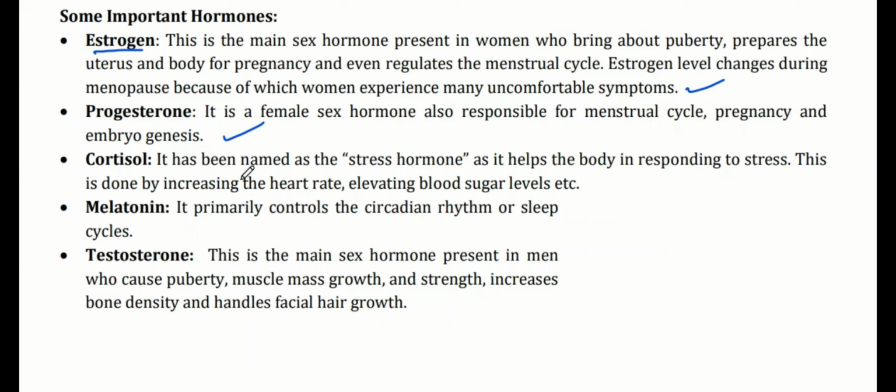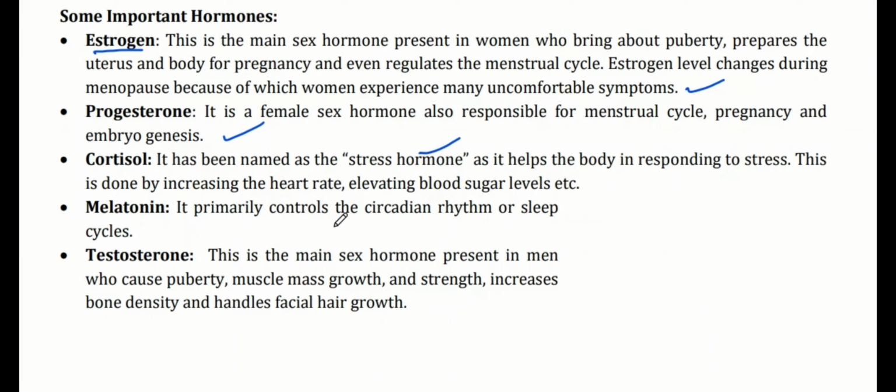Cortisol. It has been named the stress hormone, as it helps the body in responding to stress. This is done by increasing the heart rate, elevating blood sugar levels, etc. Melatonin.